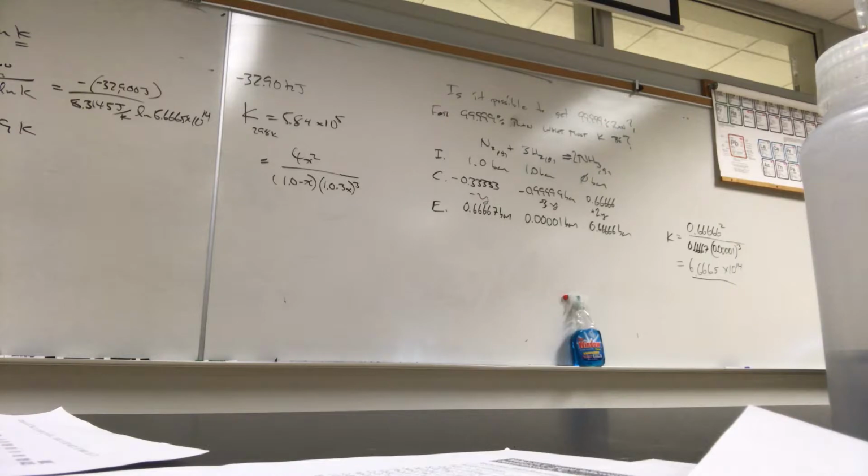Did they get this? 115? 115.9 Kelvin. Kelvin doesn't come up, so 115.9 Kelvin minus 273 is minus 157.1 degrees C.